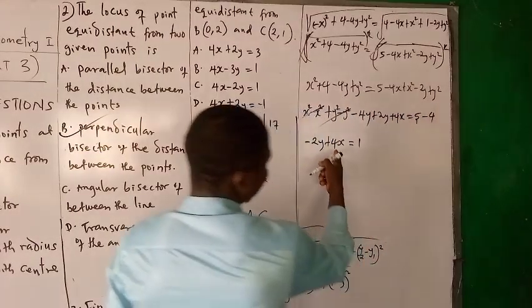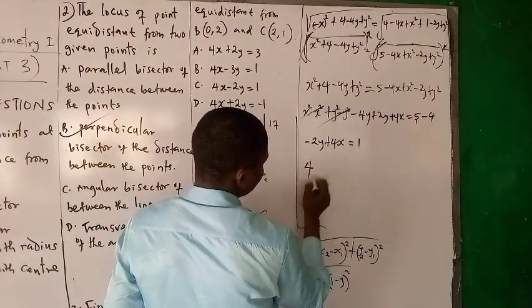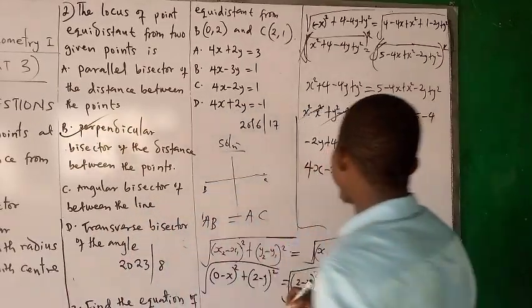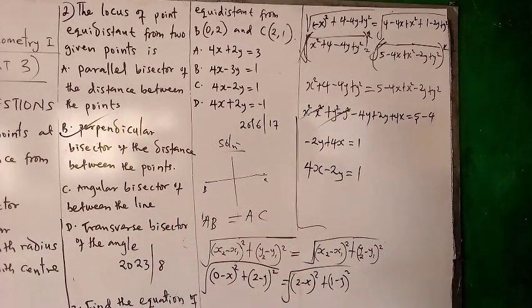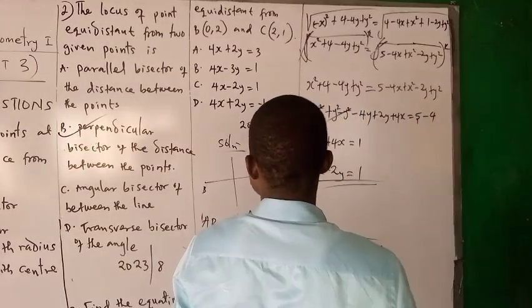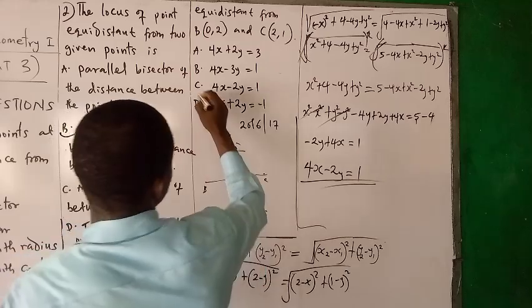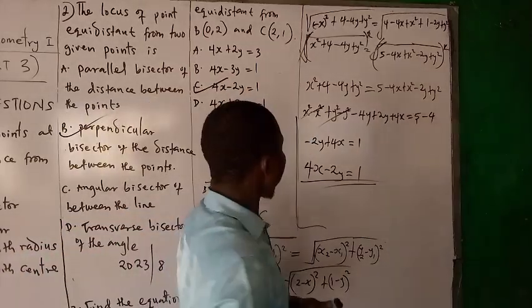So I'll write 4x minus 2y equal to 1, and that is where I'm going to stop. This is the answer. Which option has this? Option C. Option C is the correct answer. Next question.